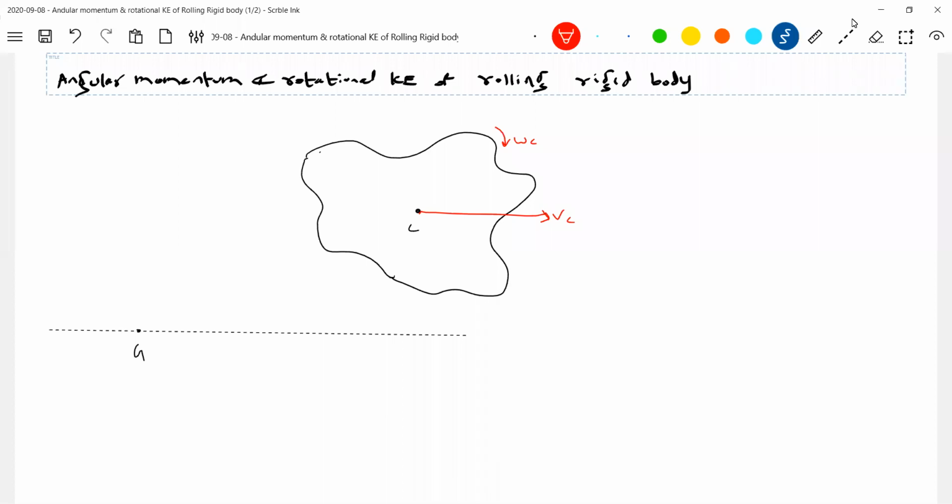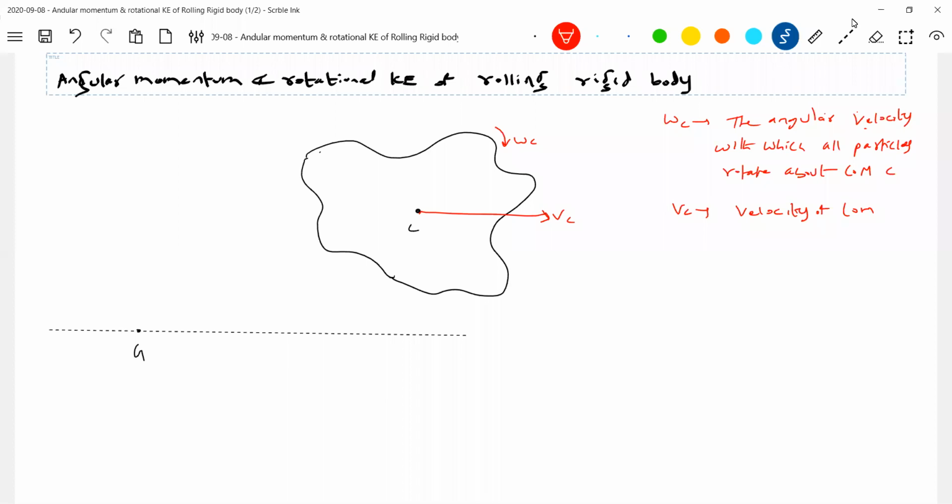What is omega c? It is the angular velocity with which all particles rotate about the center of mass C. And VC is the velocity of the center of mass.